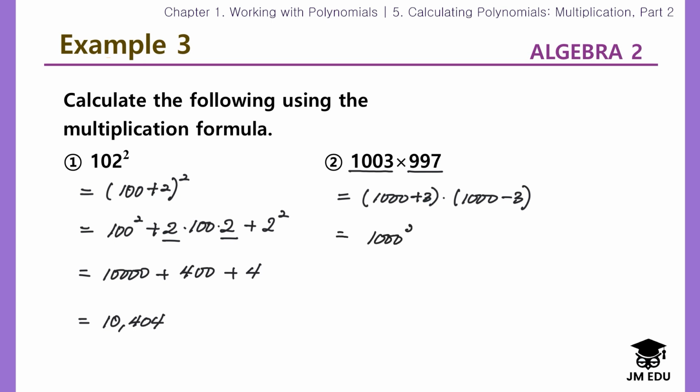So 1,000 squared minus b squared, 3 squared, right? 1,000 squared, it has 6 zeros, that's 1 million, right? So 1 million minus 3 squared, 9. So that's going to be 999,991, right?